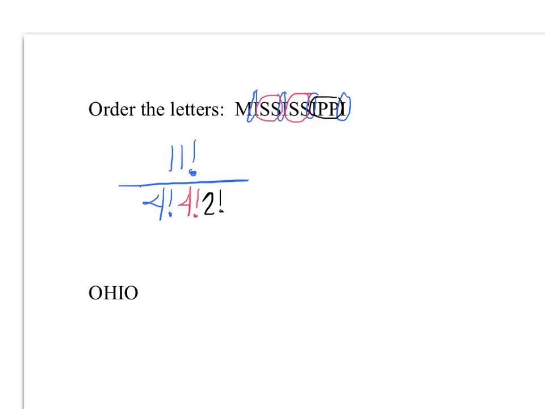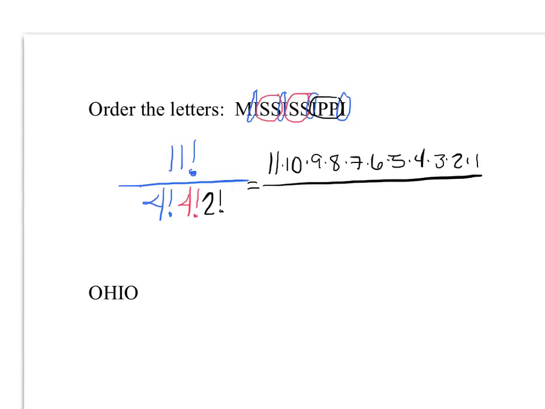That's a lot of factorials. But now let's check that out. So I have 11 factorial. And then on bottom, I'm going to have 4 factorial. And then I have another 4 factorial. And then I have a 2 factorial. So now we start crossing things out, like the 2's and the 1's.